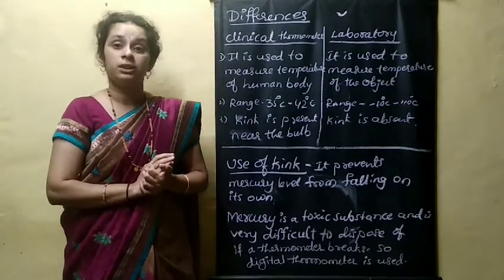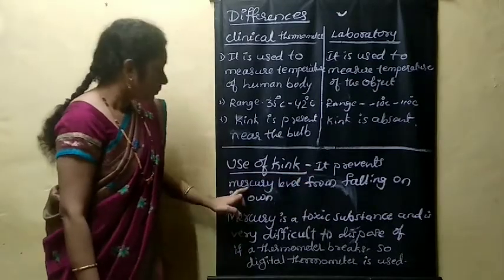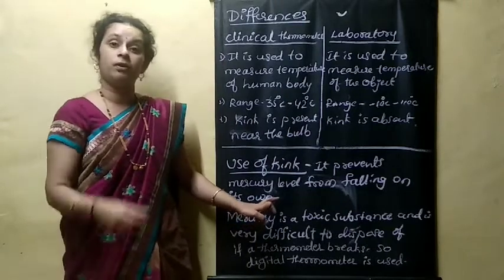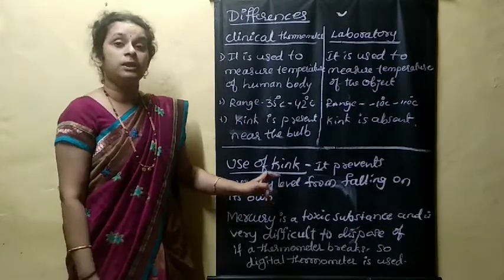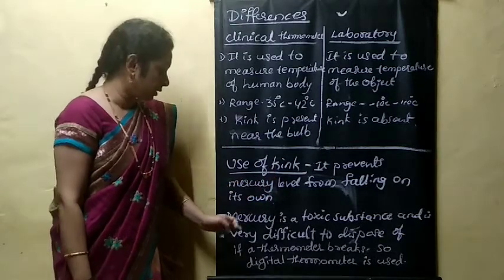That's why it has a kink. It prevents the mercury level from falling on its own. That's why the kink is present in the clinical thermometer.